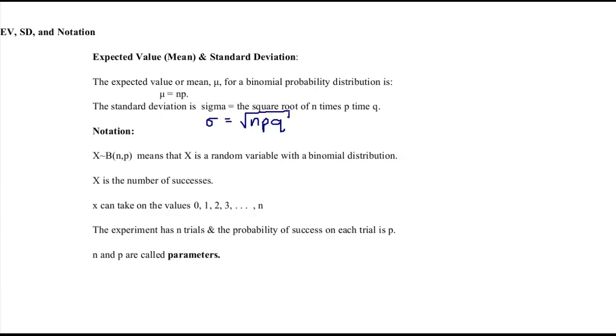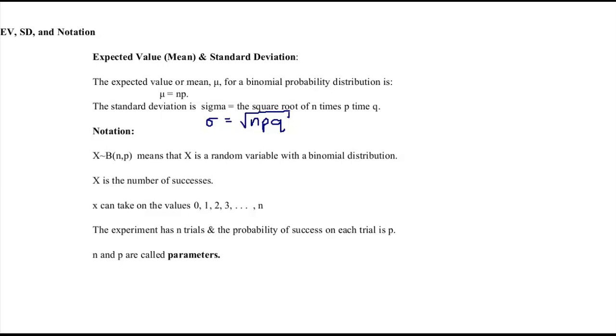For notation, we use x, then that little squiggle, tilde, I can't remember what that's called, then capital B, and then parentheses n comma p. This means that x is a random variable with a binomial distribution. X counts the number of successes.